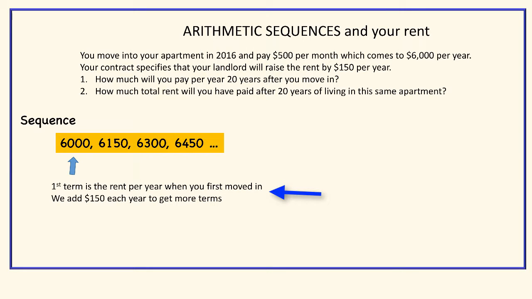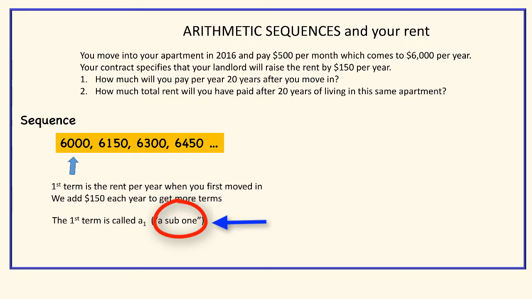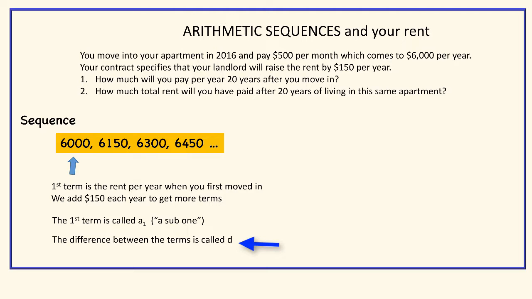So remember, in the terminology, the first term, the first number, in our problem is the rent when you first moved in. So we call the first term A sub 1. That's where we start. And we call that constant difference between the terms D. So in our case, that constant difference is 150.